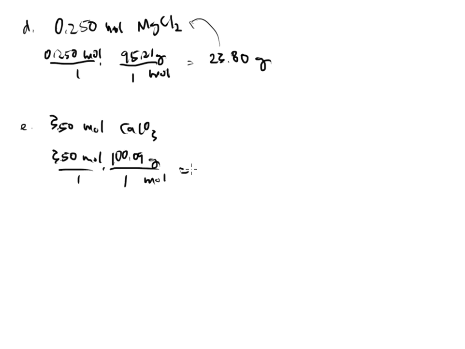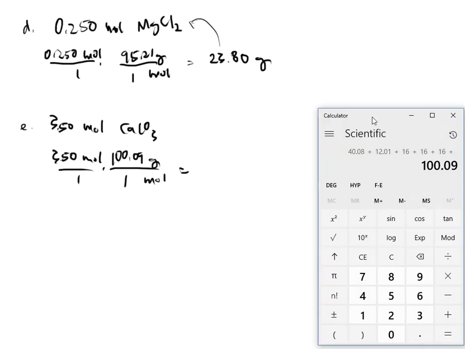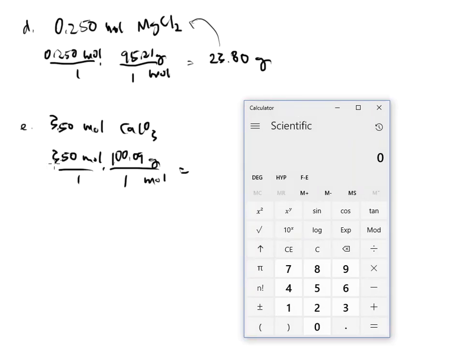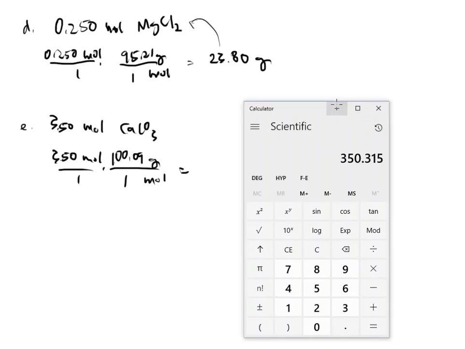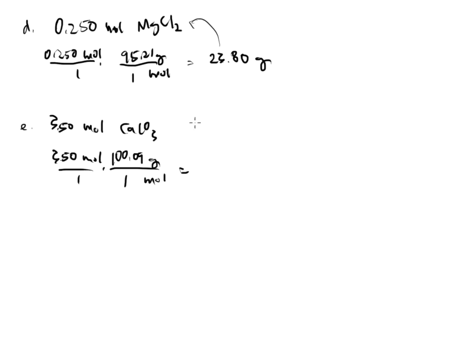There's my setup. Only thing I have to do now is bring up my calculator and solve the problem. So 3.50 moles times 100.09 grams. So if I need 3.5 moles of calcium carbonate for a lab experiment, then I'm going to measure out 350.32 grams of calcium carbonate.